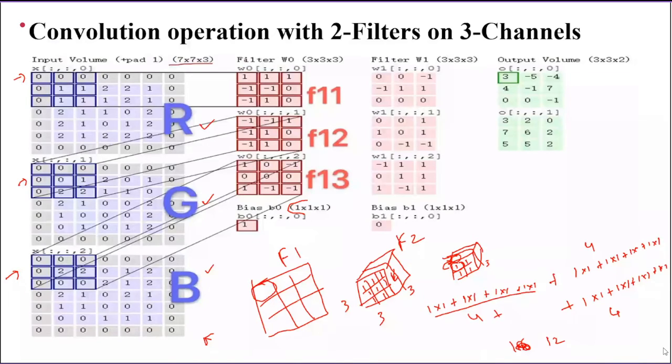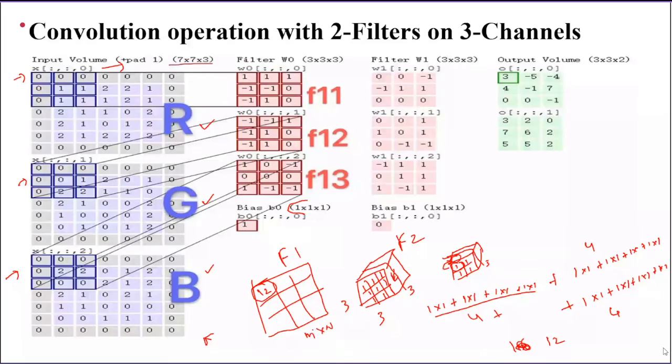This process will continue when we slide the filters towards the right and towards the bottom. So you will get an activation map of size m into n, which is always less than the input's height and width.